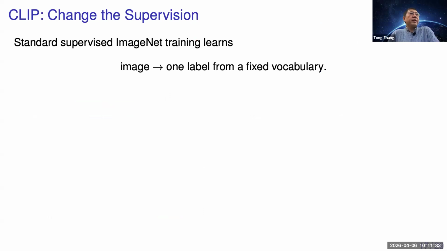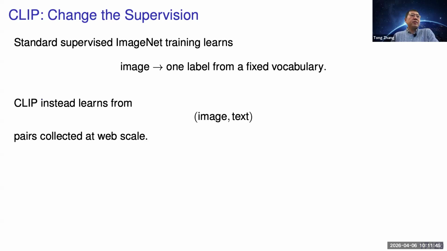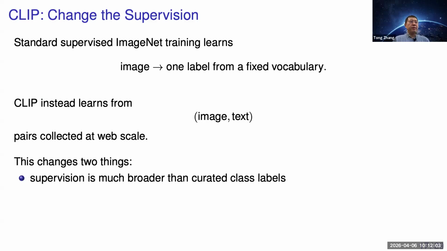Change the supervision, right? Standard supervised ImageNet requires an image to label from a fixed vocabulary. CLIP instead learns from image text pairs collected at web scale. So you can collect this kind of image annotation, whatever the annotations are. The supervision is broader.